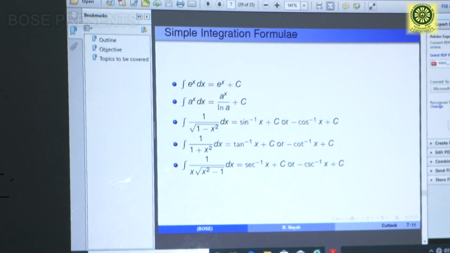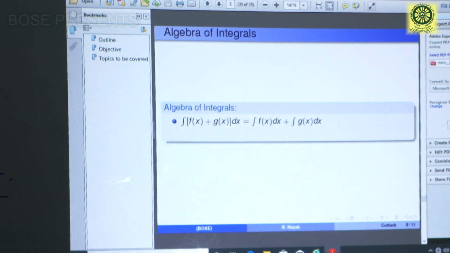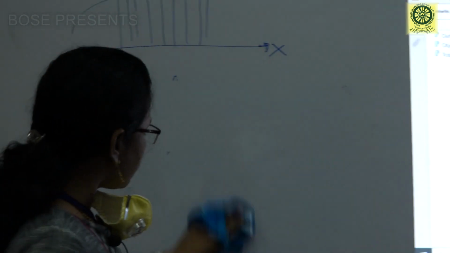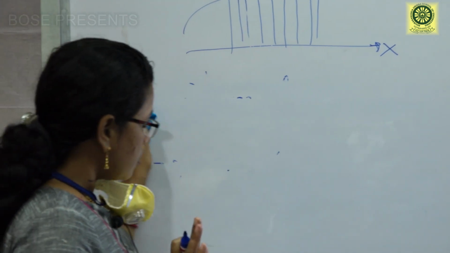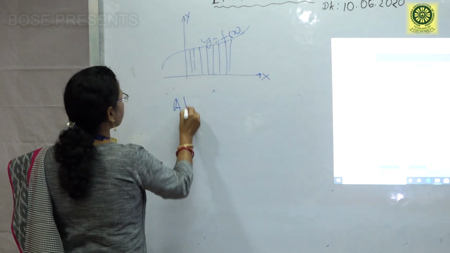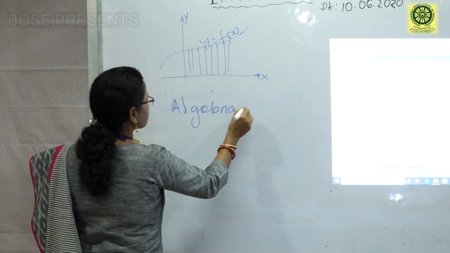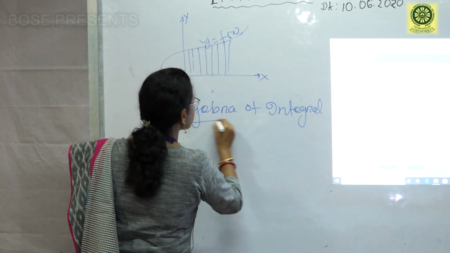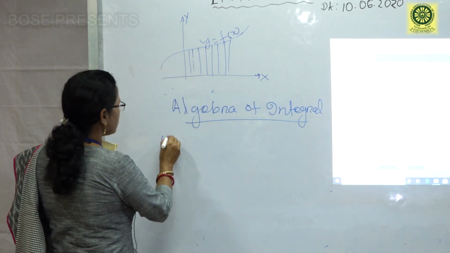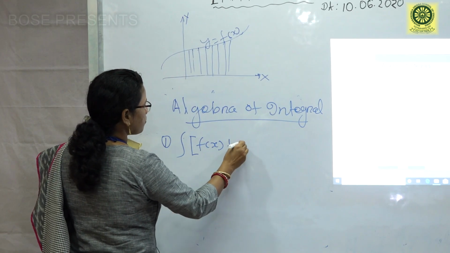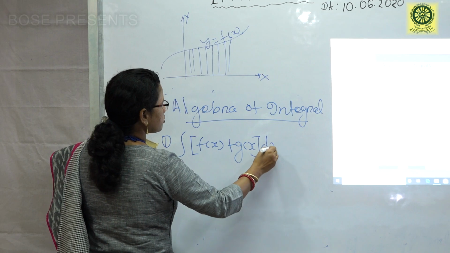Now let us know the algebra of integrals. If you have to integrate the sum of functions, then how can you do it? For example, suppose you have to integrate f of x plus g of x with respect to x.